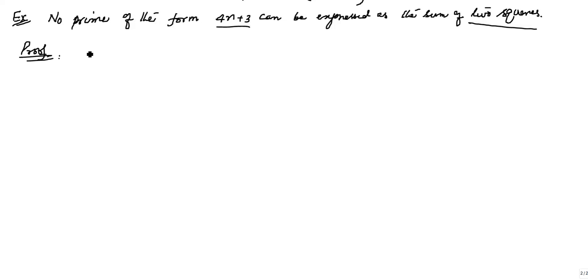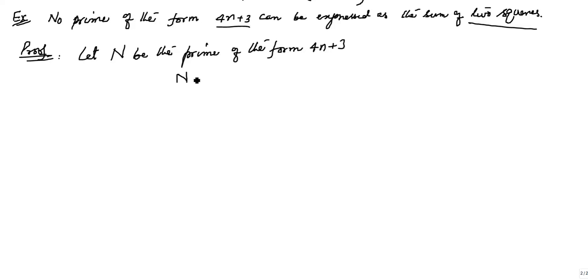We assume that n is a prime of the form 4n plus 3, or we can write n is equal to 4k plus 3, or 3 plus 4k.